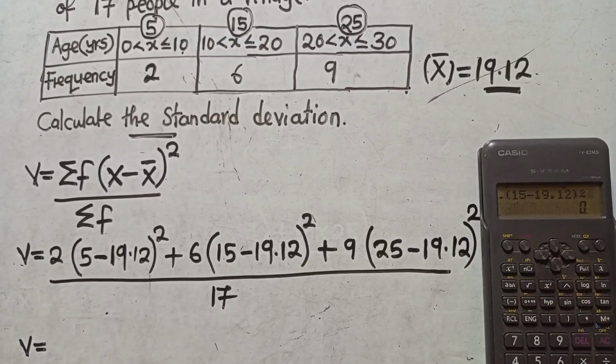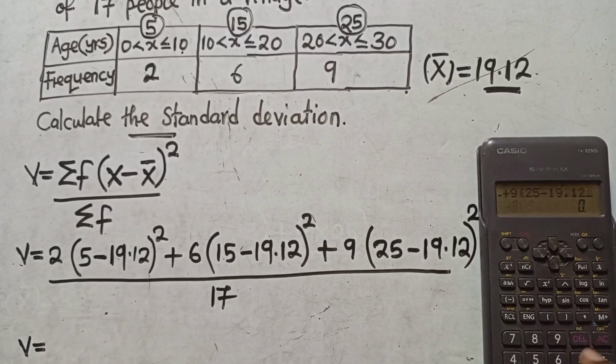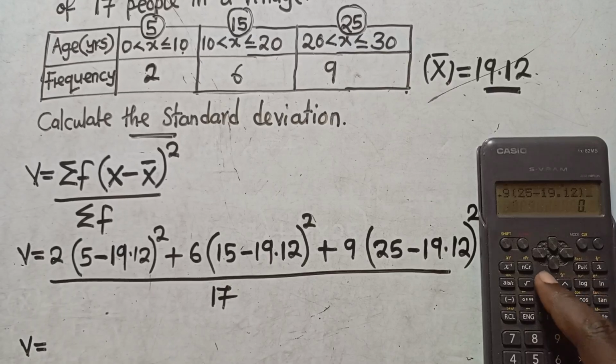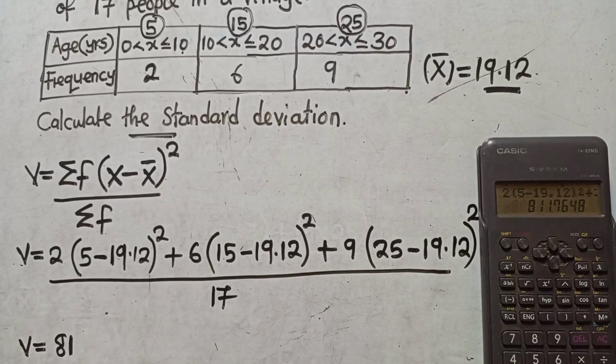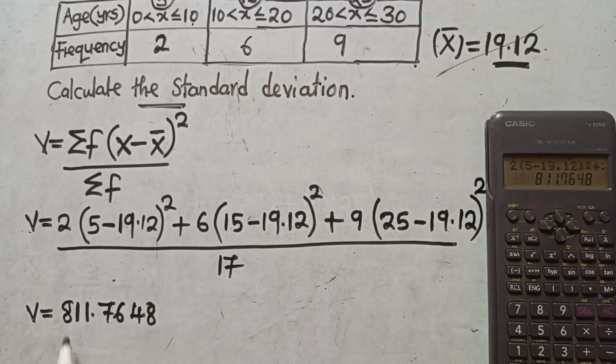Confirm with me, plus 9 open bracket, 25 minus 19.12, squared, then I say equals. What is the answer? 811.7648. This answer, I divide it by 17.